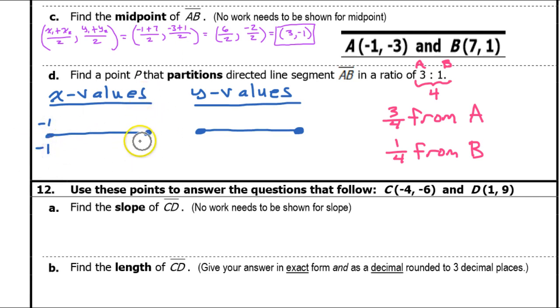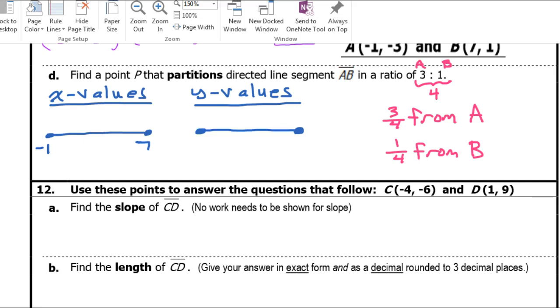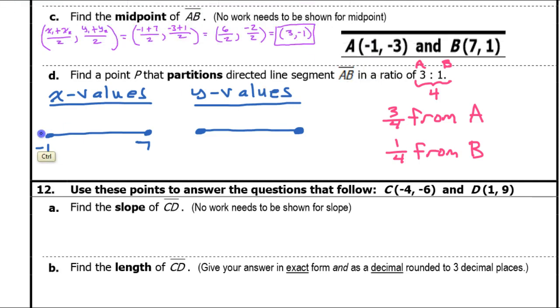So -1 and 7. And it's important to keep track of the fact that the -1 was point A and the 7 was point B. Now, the y values. I have -3 and 1. So I'll have -3 and 1. Okay, and that is point A and point B again.